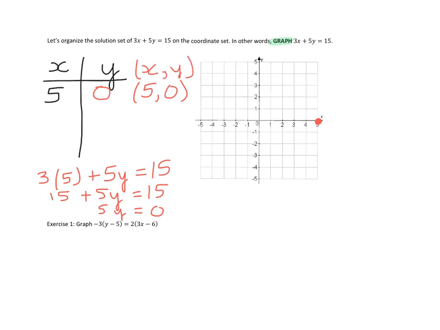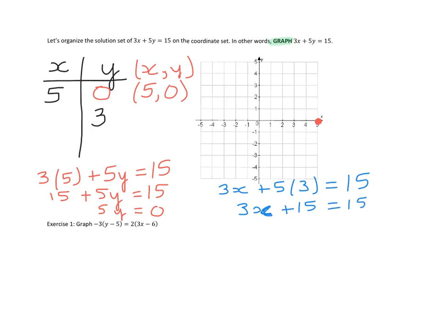Okay. We can also plug in values for y. For instance, we can plug in y is equal to 3. Let's do a little scratch work. So if y is equal to 3, we have a similar situation. All right, I did this on purpose. I knew I was going to get x to be 0.